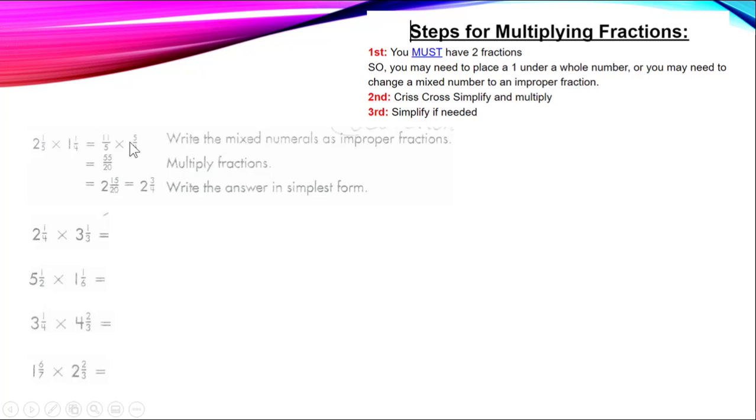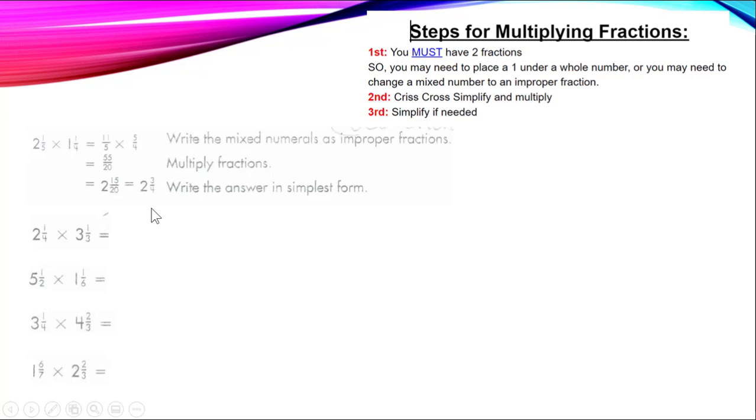Then they can multiply. That gives them 55 over 20, which is improper. So they have to do 55 divided by 20 to get the mixed number 2 wholes and 15 left over the 20. And then the fraction has to be simplified to 3/4. So it's 2 wholes and 3/4.